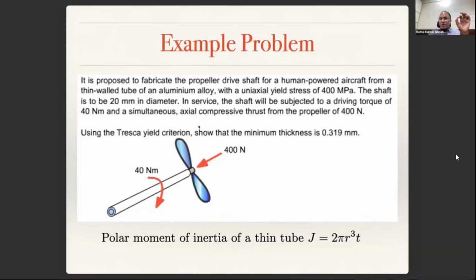Even in the case of a three-dimensional problem, the maximum shear stress is what matters in the case of shear yield strength, and in the case of distortion energy, equivalent stress is what matters. You need to find out the principal stresses, sigma 1, sigma 2, sigma 3, take the difference between the maximum and minimum principal stress and divide by 2, and equate that to the maximum shear stress. Fine, noted, sir. Thank you.